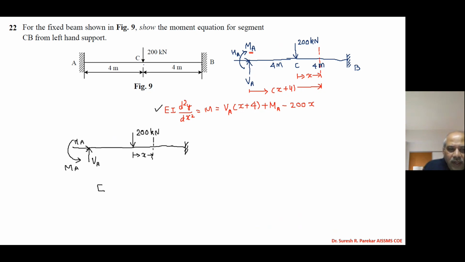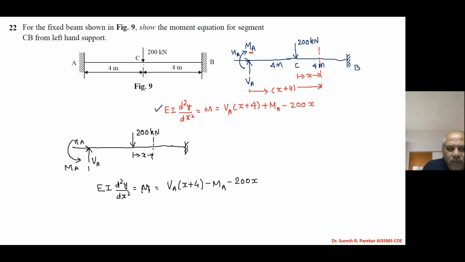So what will I get? I can write EI d2y by dx square, and now it becomes equal to M, and that is equal to VA into, now same distance, x plus 4. Now for MA, we have minus MA, and then we have minus 200 into x.